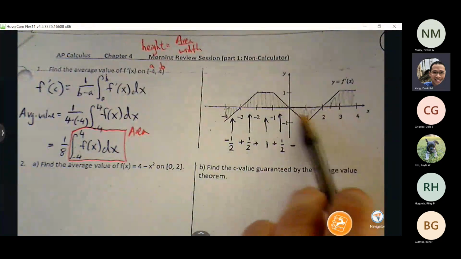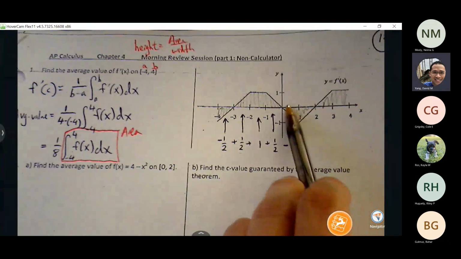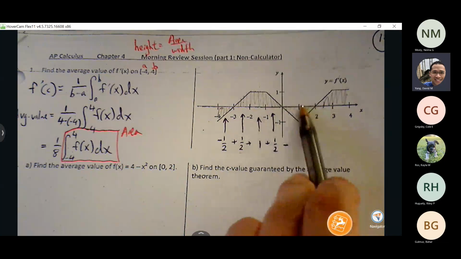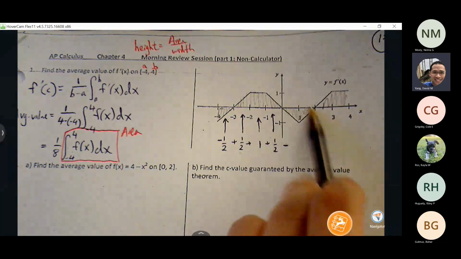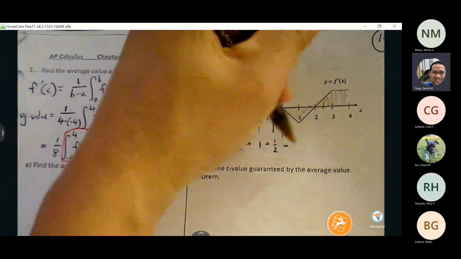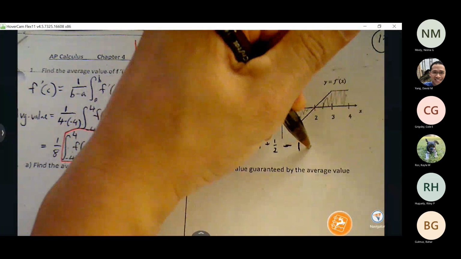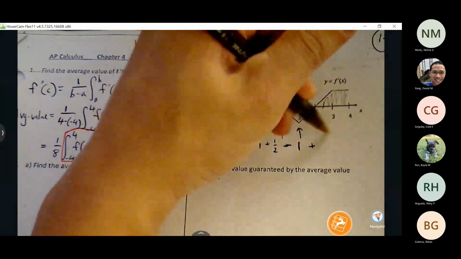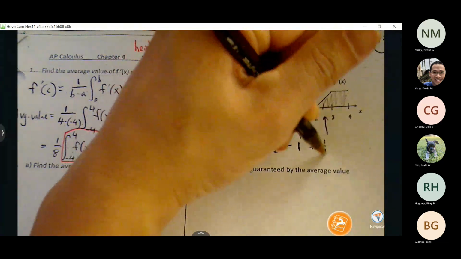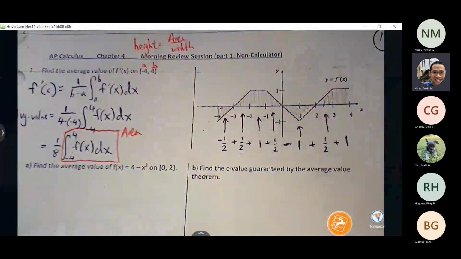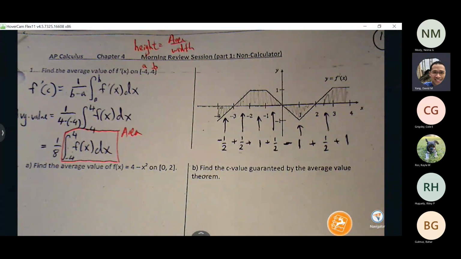Here, this triangle, I think of this as a 1/2 base times height, so 1/2 times 2 times 1. So that's going to be a 1, but then below the x-axis, so -1. Plus 1/2. Okay, any questions about how I'm getting those values and why I'm getting them?